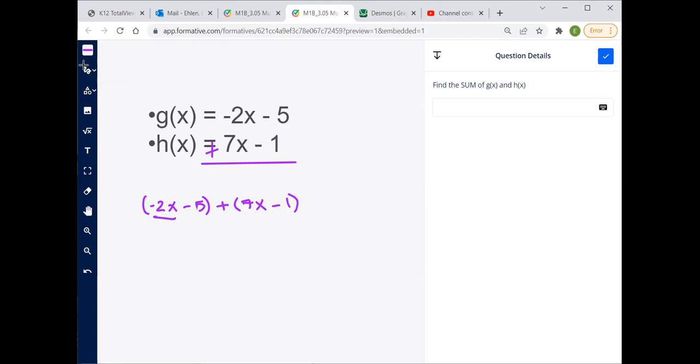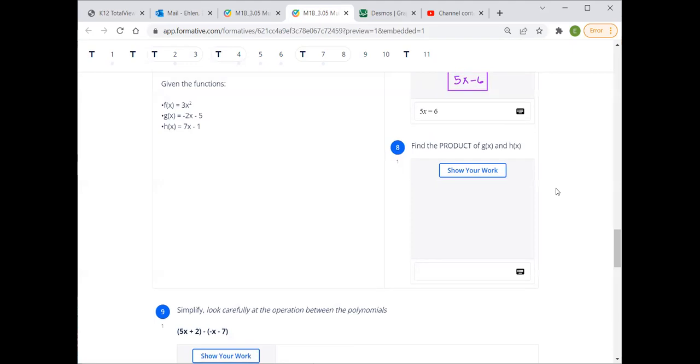Negative 2x plus 7x is 5x, and negative 5 and negative 1 is negative 6. Okay, so it's just a little bit different notation because you're adding in that function notation and the word sum. So it's the same thing you guys have always done, it's just adding a little bit of notation.